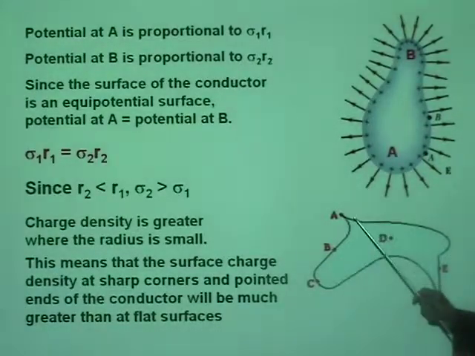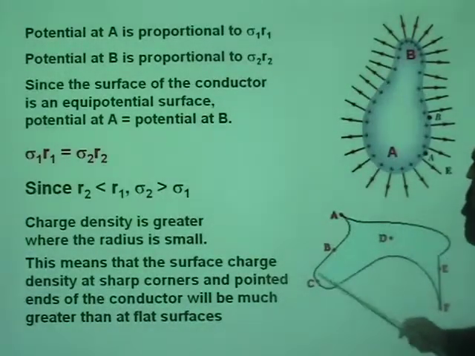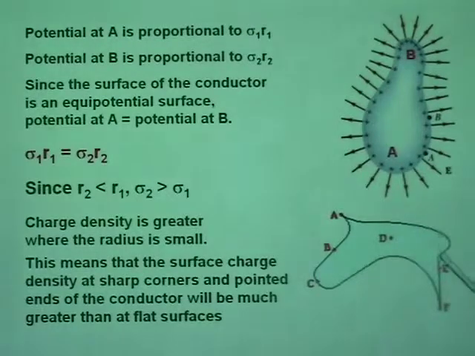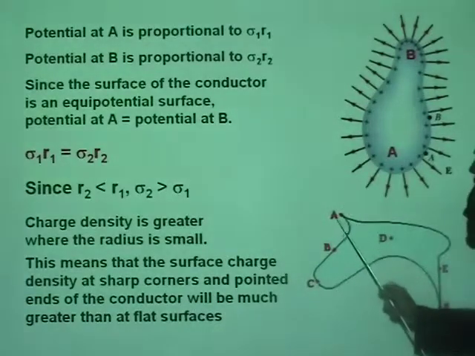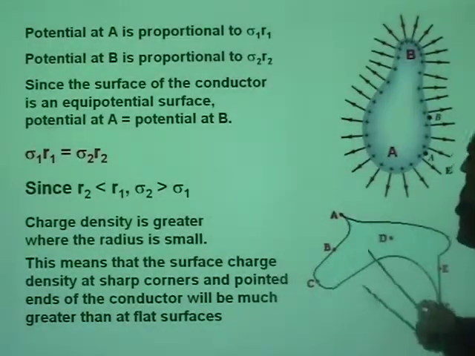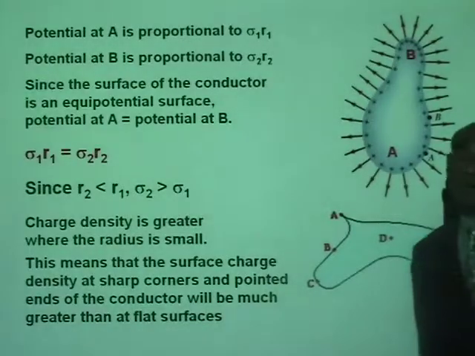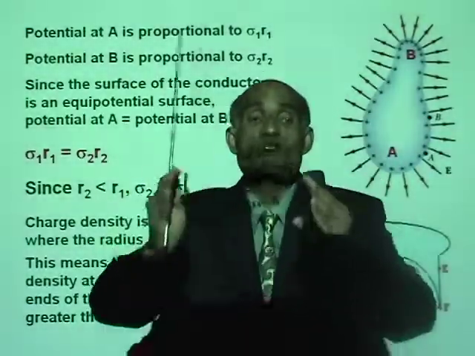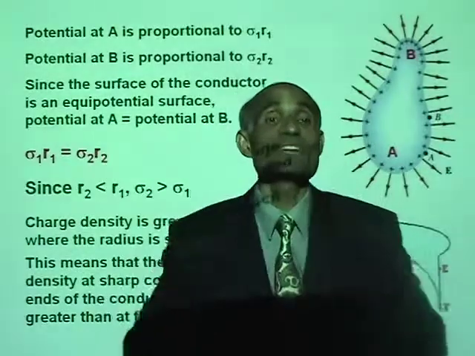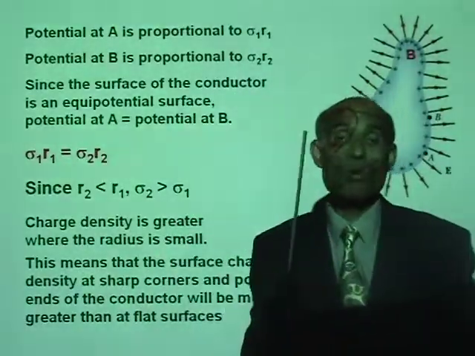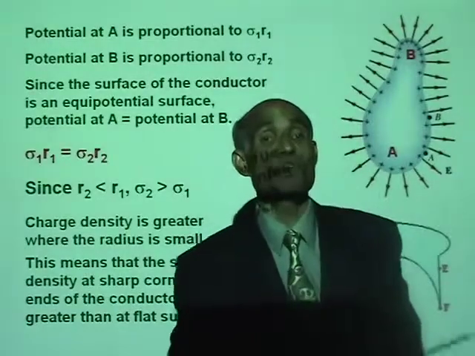You can see the radius is very small at A and very large at B, and very, very small at F. So the surface charge density will be much greater at F than at E, much greater at A than at B, and so on. So charges tend to concentrate at pointed edges, and that is an important property which has useful applications.